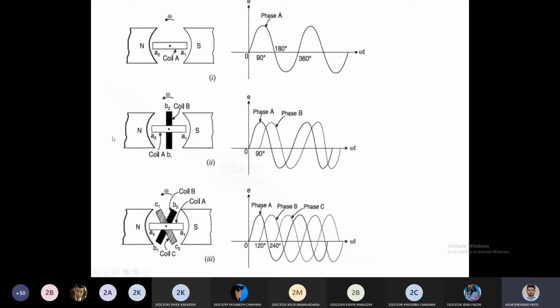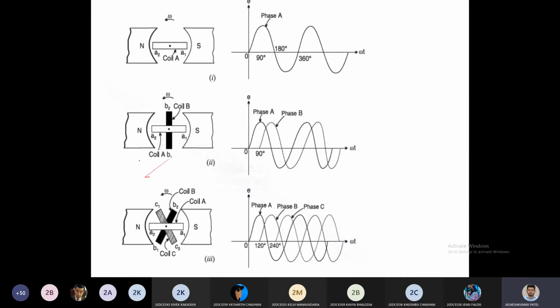Now let us have two coils, coil A and coil B. Both of these coils are connected to the same shaft. So what happens when I rotate the shaft? These two coils move at the same time.